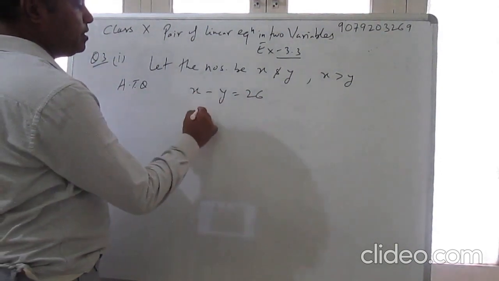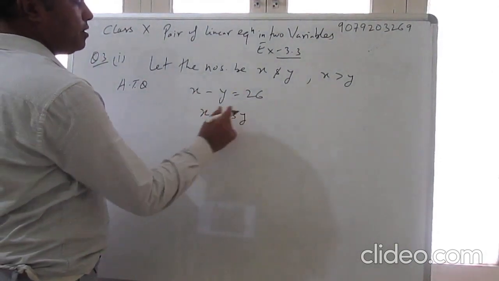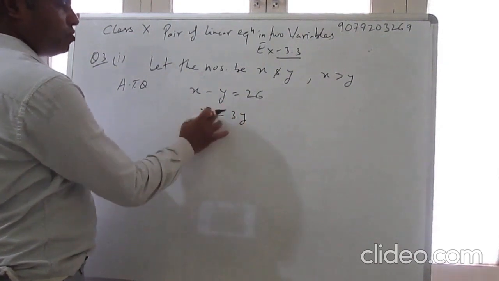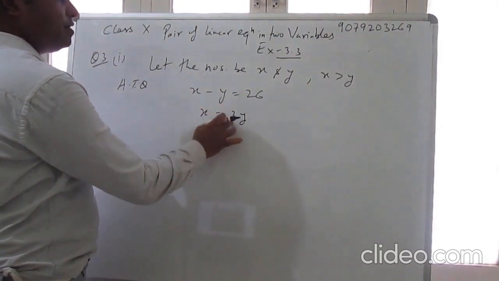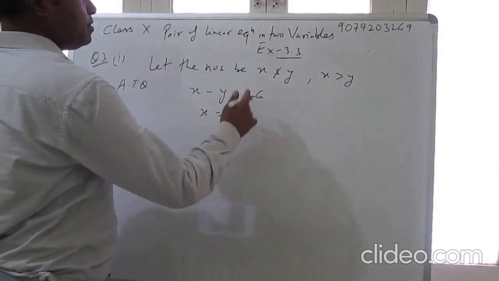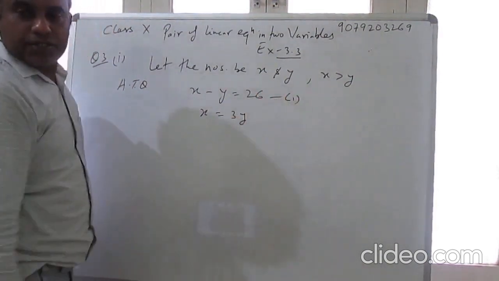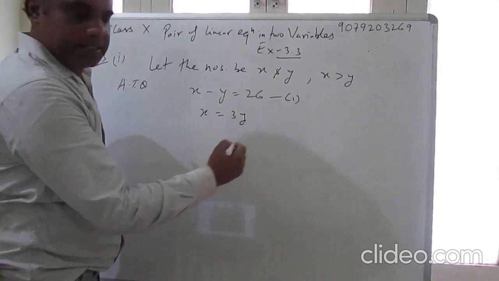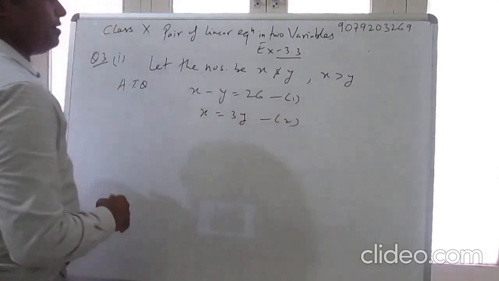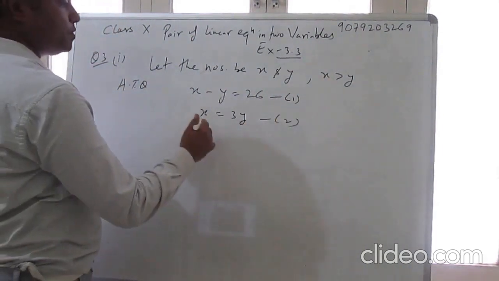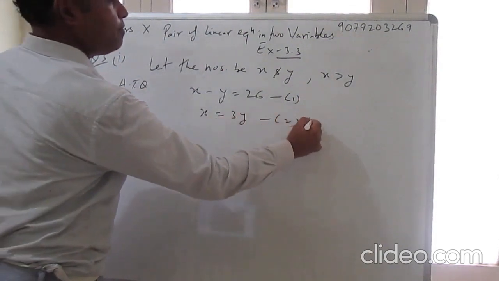One number is 3 times the other. It is already big, so we multiply the smaller one. One number is 3 times the other. This is equation first and this is equation second. Now put 2 in 1.